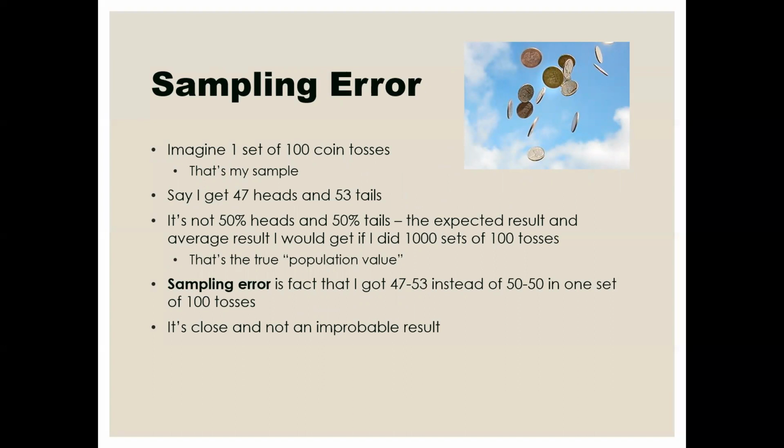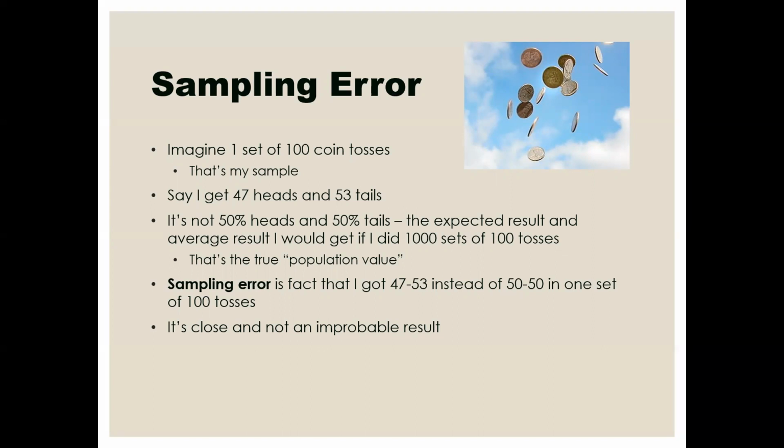But in the process of sampling, you can make mistakes, right? So you're doing 100 coin tosses to get a sample. You get 47 heads and 53 tails. Now, it's not a 50-50 result, and coin tossing is an independent event. So there's some error in my sample, because I got 47 heads and 53 tails instead of 50-50.